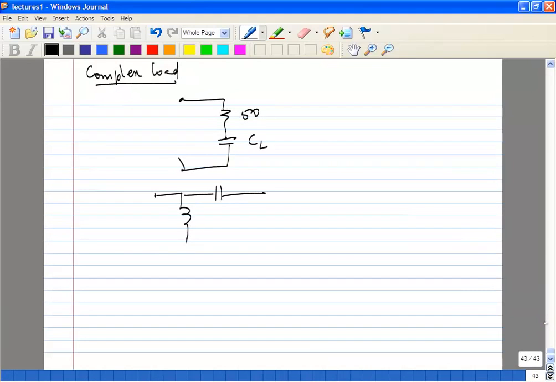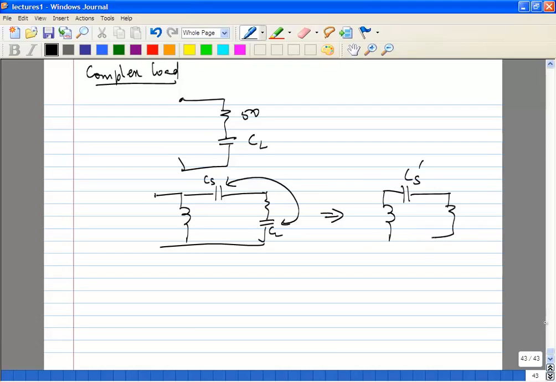So let's say you're trying to do this match. What you would do is combine these two and get an effective series capacitance. So let's say this is CS, this is CL, you get an actual CS prime, and you're going to design for CS prime instead of CS, and then you back-calculate your value of CS.